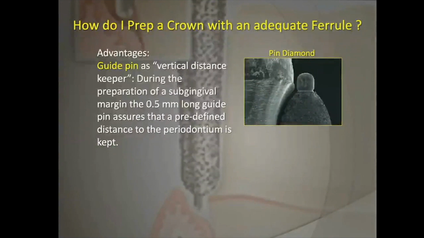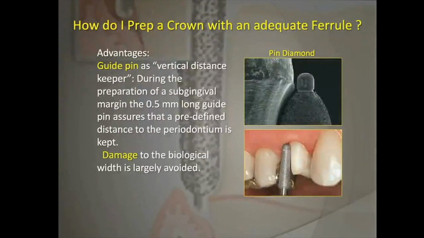During the preparation of a subgingival margin, the 0.5 millimeter long guide pin assures that you have a predefined distance to the periodontium, and that is kept in check. We don't want to go too far or we'll violate our biologic width, and that's a no-no. So that way, damage to the biologic width is pretty much avoided. And so we create a nice margin at our ferrule area.